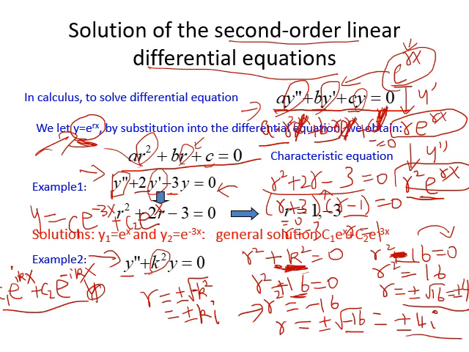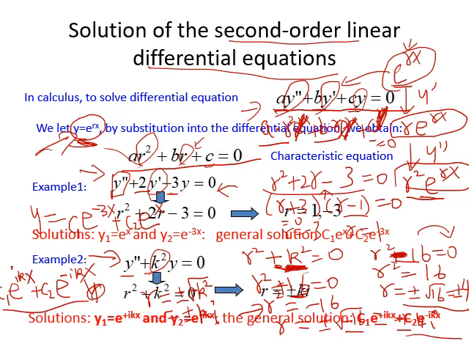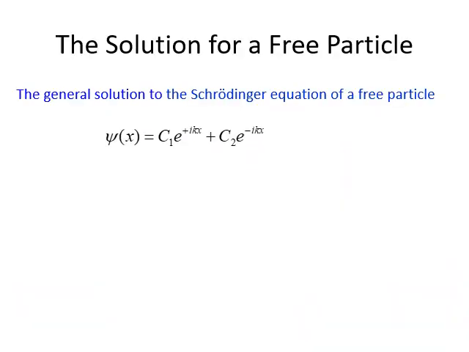So imaginary numbers are fine for wave functions. We just solved the Schrödinger equation for the free particle. The general solution is C1 e to the ikx plus C2 times e to the negative ikx.